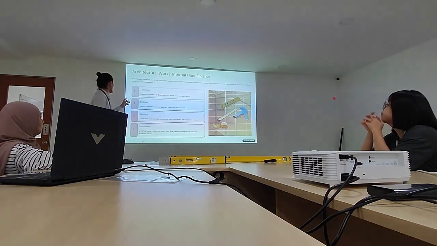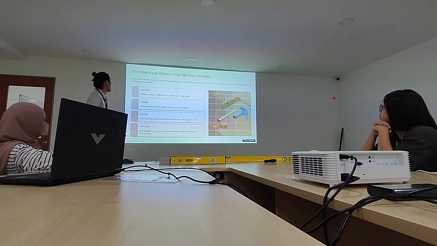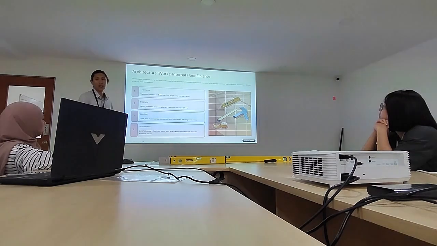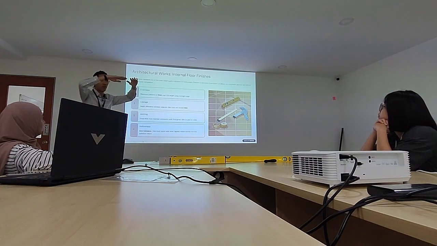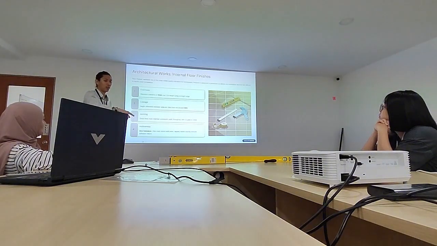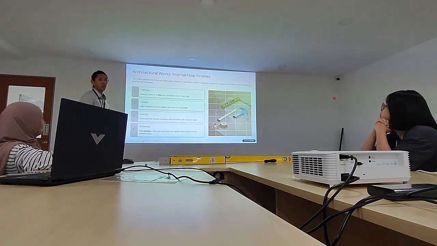And secondly, the difference in height between adjacent tiles must not exceed 1 mm. So between the two tiles, the height difference cannot be more than 1 mm. So I will show how we're going to use this.